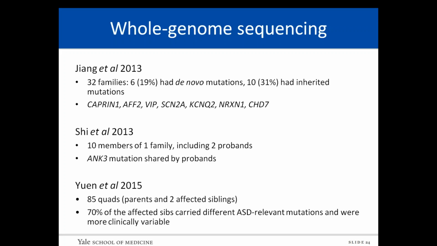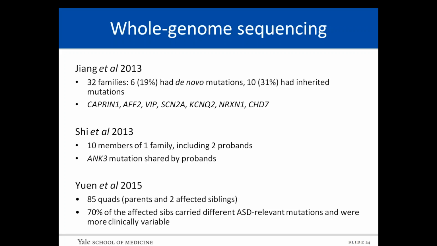One group looked at 32 families, found a percentage that had de novo mutations in interesting genes, and a third that had inherited mutations, and came up with a gene list like you've seen before, a variety of genes often active in the brain, in different neuronal processes. Another group did whole genome sequencing in 10 members of one extended family, including 2 members affected by autism, and found that this pair of affected individuals shared a mutation in ANC3, which is expressed in the brain.